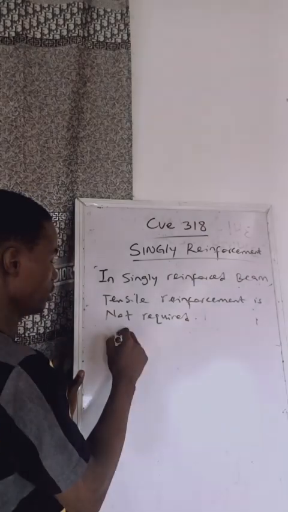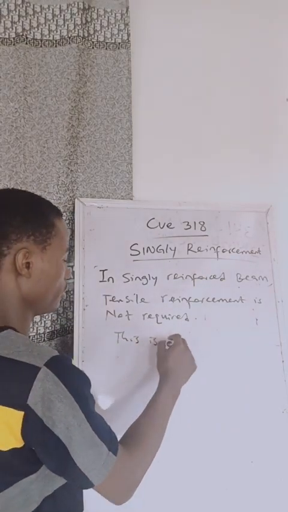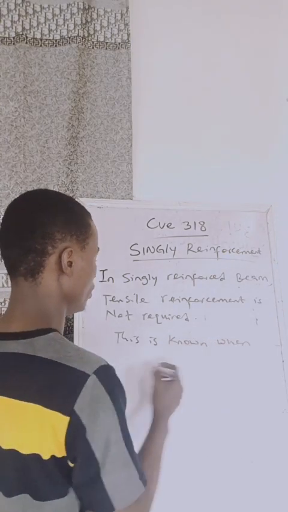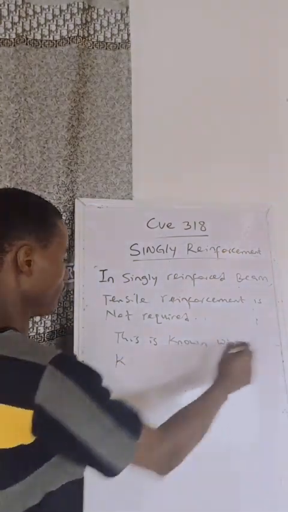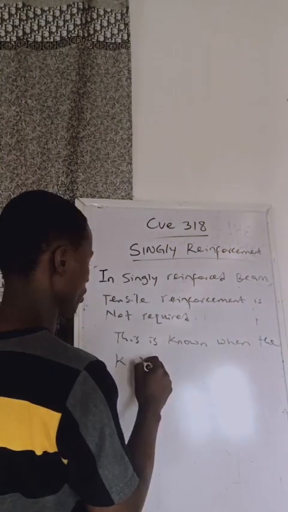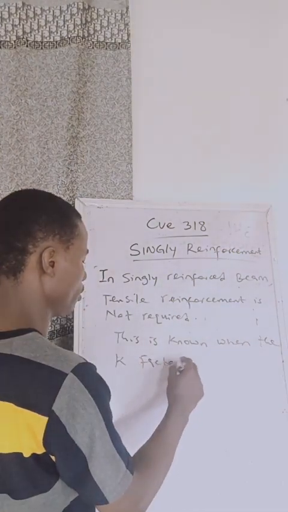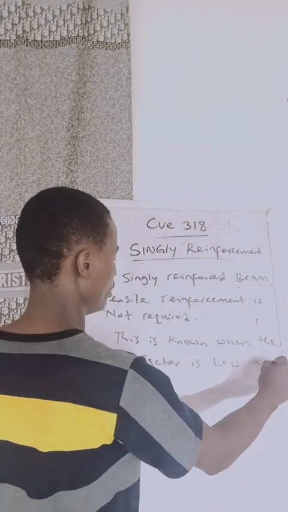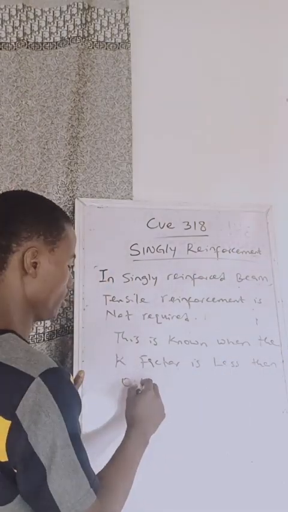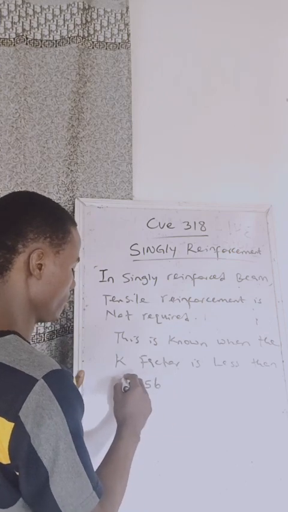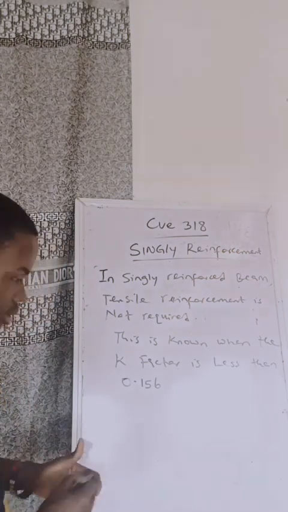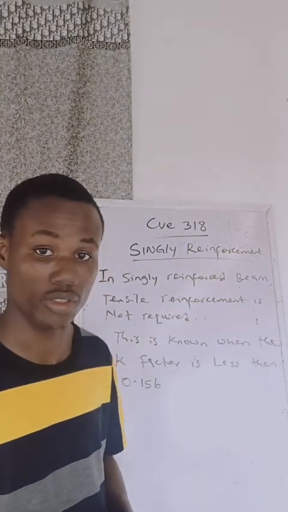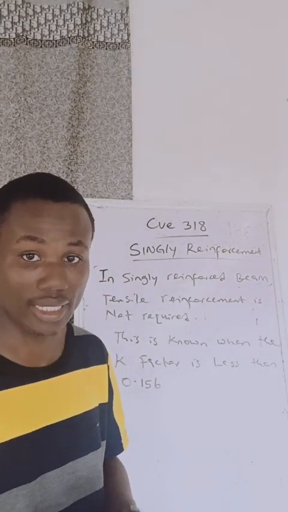And this is known when the K factor is less than 0.156. The 0.156 is talking about the normal reinforcement required in a beam.